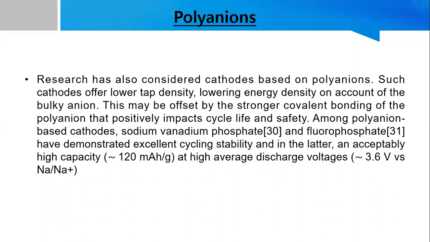Among the polyanion-based cathodes, sodium vanadium phosphate and fluorophosphate have demonstrated excellent cycling ability, and in the latter, an acceptably high capacity of 120 milliampere hour per gram at a high average discharge voltage of 3.6 volts versus sodium/sodium ions. So this was the description of the polyanions. Moving towards the next slide.